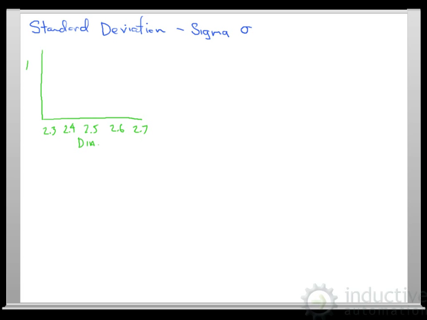And this was the frequency that those measurements came up. So if we had 10 times we measured 2.5, then this would be 10. And then we had other measurements that were in this range, roughly 2.4 to 2.5, and so forth. Very few down that measured 2.3.